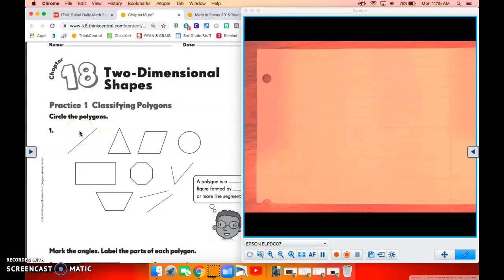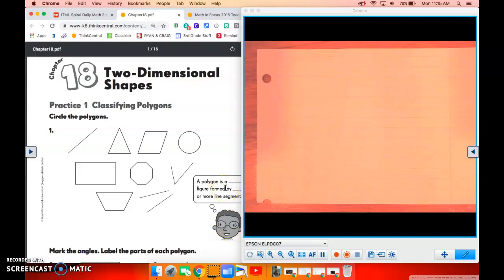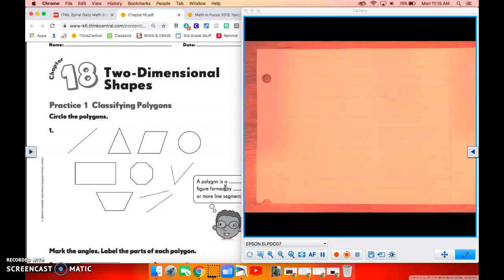Circle the polygons. All right, a polygon. I'm going to come over here to this kiddo with glasses, and it says, a polygon is a blank figure formed by blank or more line segments. So I'm looking at these. I see some that are open, like this isn't closed, right? It's open. So a polygon is a closed figure formed by three or more line segments.